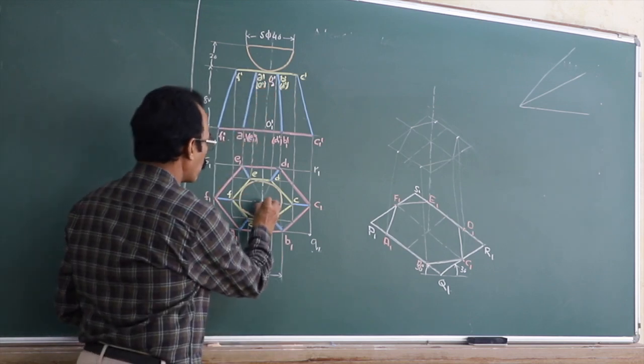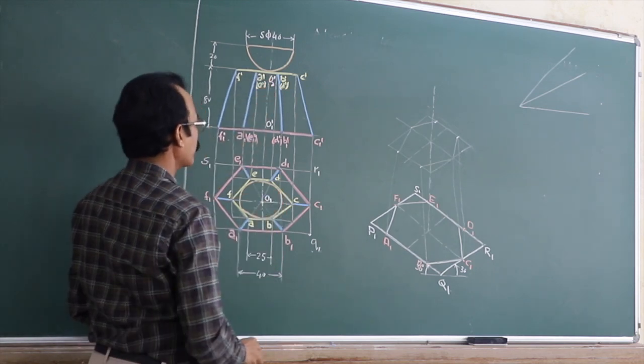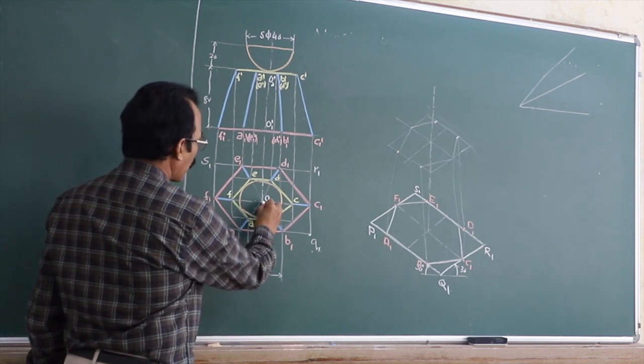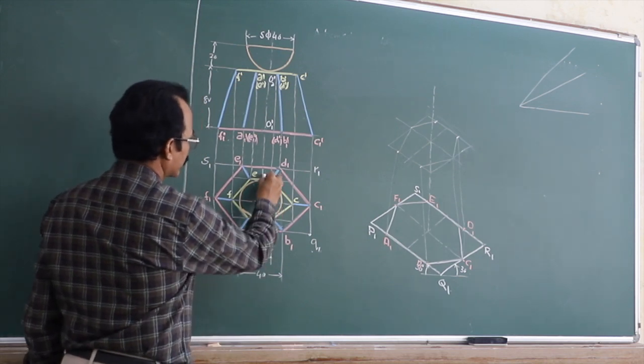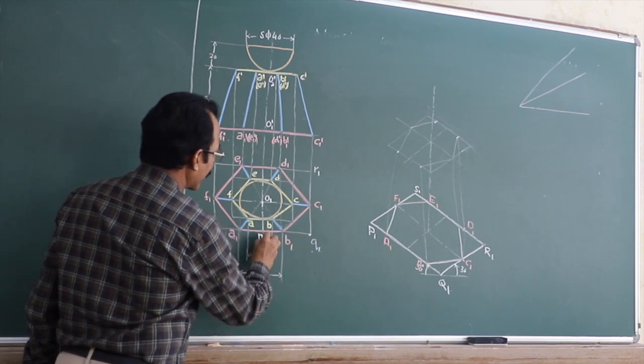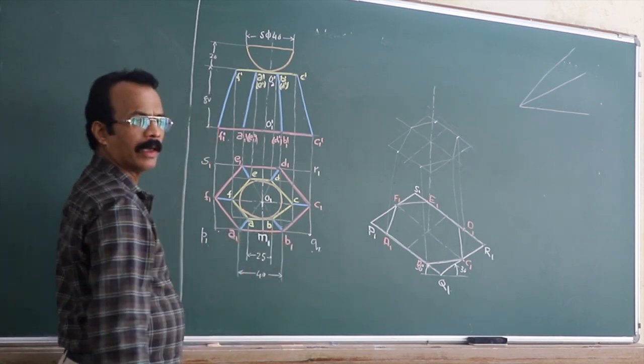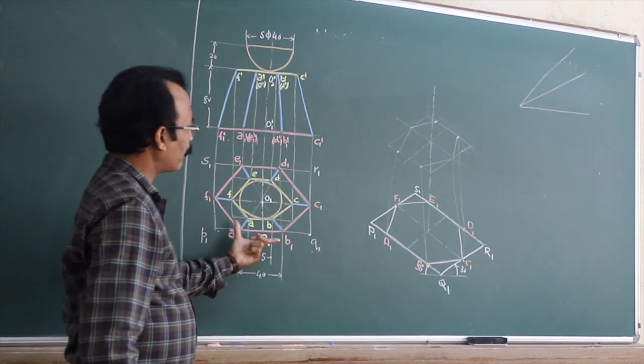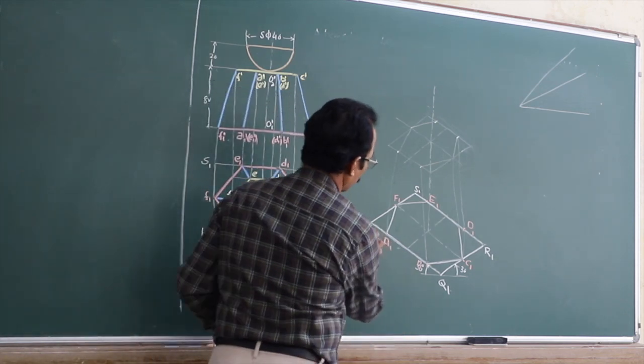Now this is your O1 here. So what you do now, you drop a perpendicular or this center line wherever it comes and meet this P1 Q1. Let us call this M1. Now you take this distance PM1 and mark it here from P1.